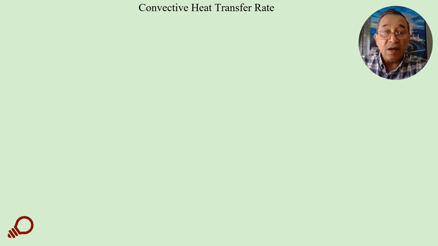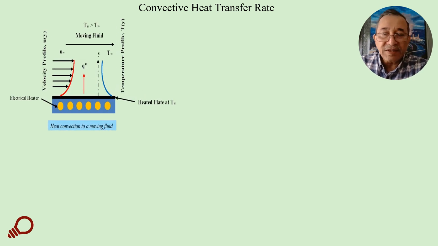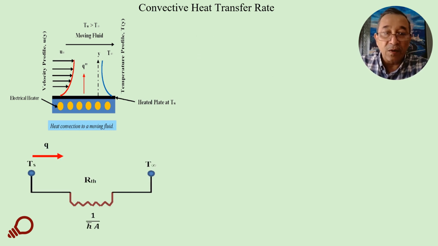Now let us talk about how convection heat transfer rate can be calculated. If we go back to the same heated plate exposed to ambient, then we have a temperature gradient, which gives us an indication that heat transfer will occur.